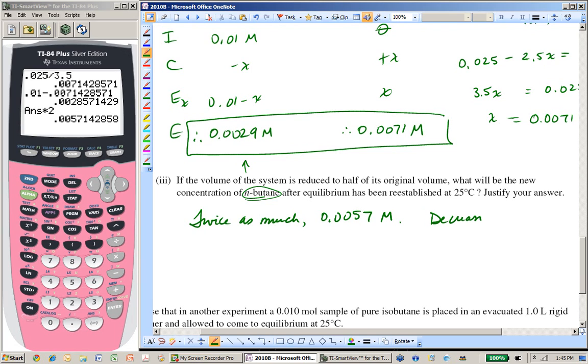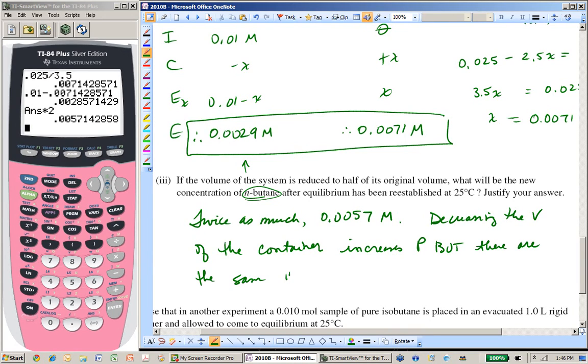Decreasing the volume of the container. It says justify your answer. Decreasing the volume of the container increases pressure, but there are the same number of moles of gas on each side of the reaction.